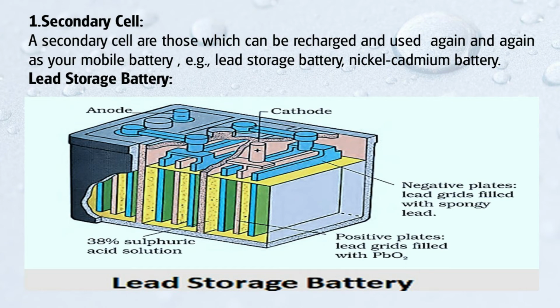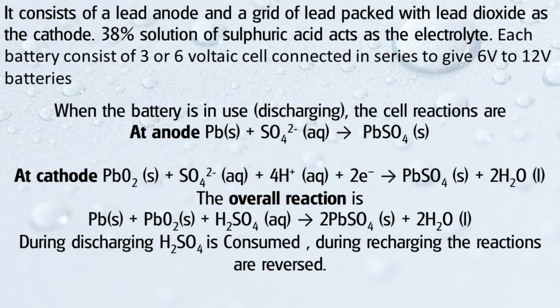It consists of a lead anode, and the cathode consists of a grid of lead packed with lead dioxide. A 38% solution of sulfuric acid, which has a density of 1.30 grams per cubic centimeter, acts as electrolyte.